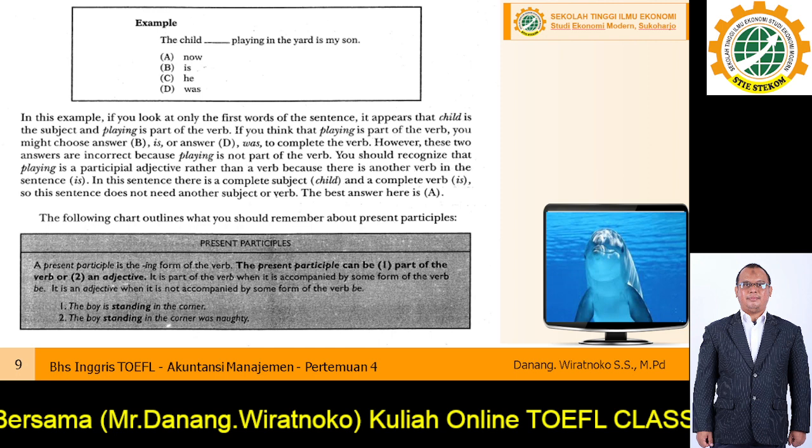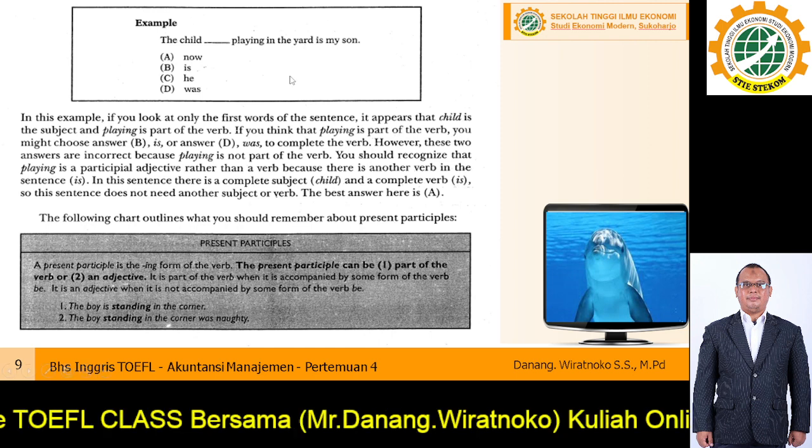Is my son. Kita lihat is ini ada dua, maksudnya the child is playing in the yard is my son, jadi is ada dua verb, ini tidak boleh. Okay, terkadang orang Indonesia ya pakai is ya, but here no.